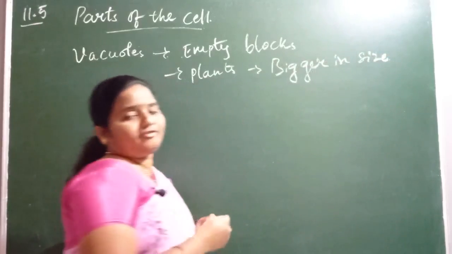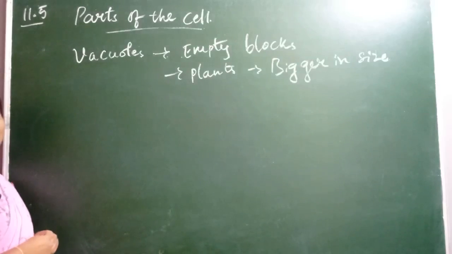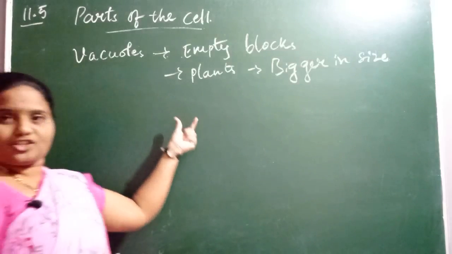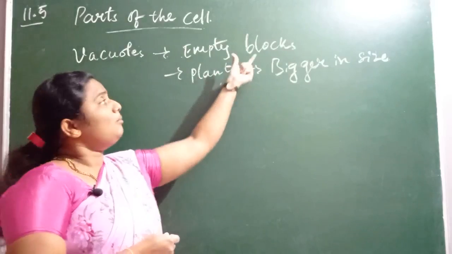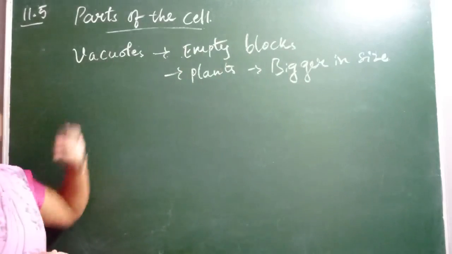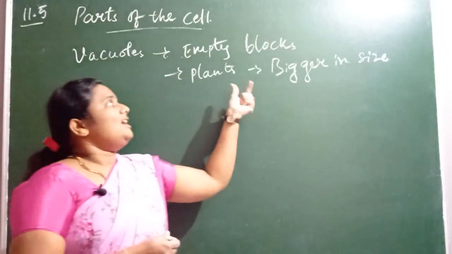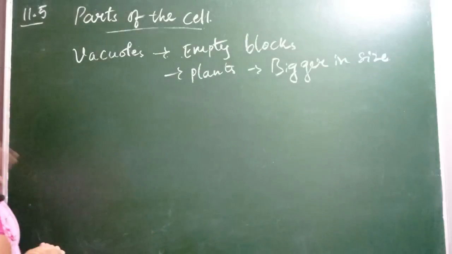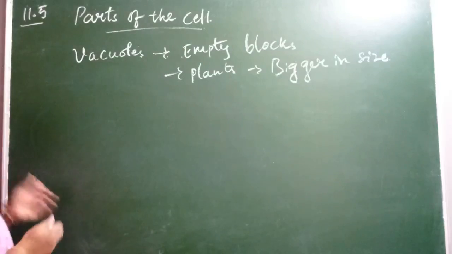To store food material, a bag-like structure, an empty block, will be present in the cell.